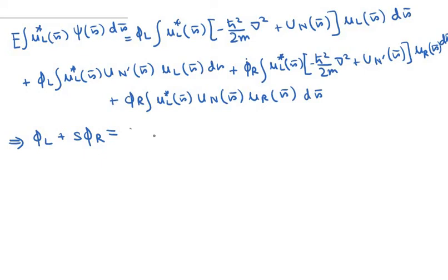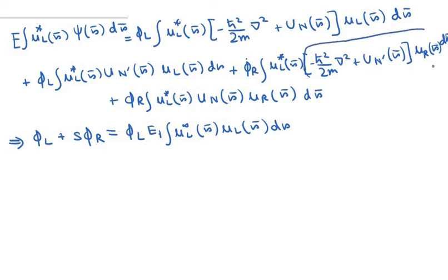So this is equal to phi L integral of, E1 is basically a constant, so E1 would come out of the integral, UL star R ULR dr. Okay, now this term over here is again E1 times UR.